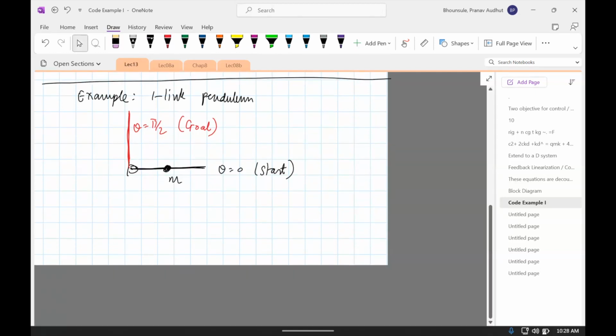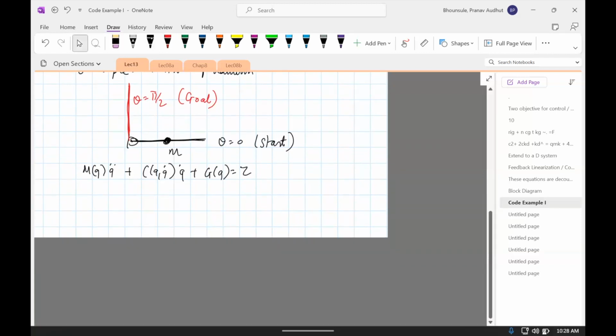Right? So the system dynamics are M(Q) Q double dot, plus C(Q, Q dot) Q dot, plus G(Q) equals tau. It turns out that if you simplify these equations for a pendulum, you get (I plus ml squared) theta double dot, plus, I think there's inertia, I plus ml squared.